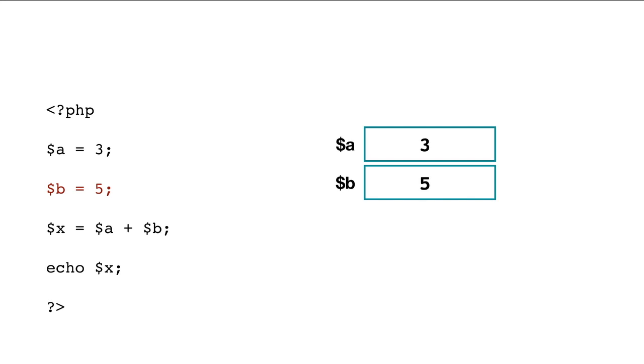Now when we use multiple variables in an expression, they will get evaluated. So on the right part of this assignment statement, we have variable a plus variable b, so that works out to be 8. Whatever the answer is on the right hand side gets put into variable x. And so variable x holds 8, so when we echo x, we get 8 out there. Now nothing strange or startling in that. That kind of thing should be familiar to most of you already.